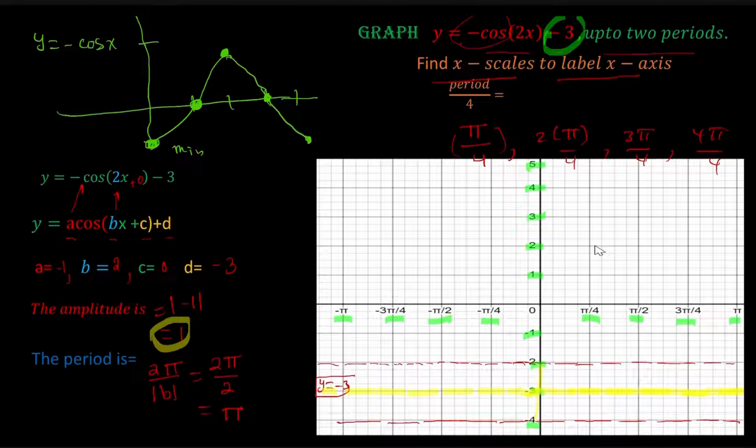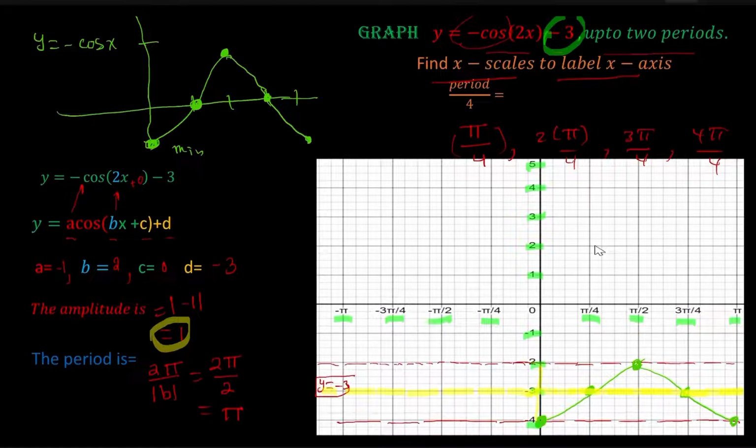And now we're going to do the same thing here. So we start at our min. We're going to go to the mid. We're going to go to the max. And then we're going to go to the mid. And finally, we go back to the min. So we do our nice graph right here, which is really beautiful. And now we're going to go to the left and do exactly the same thing.